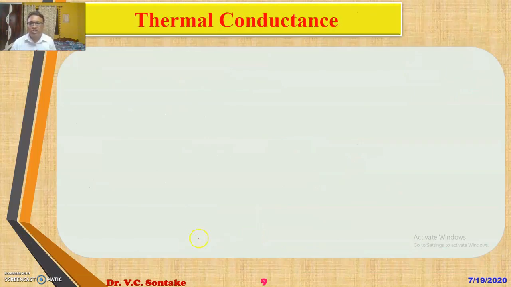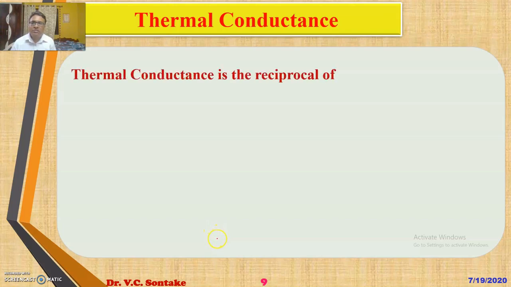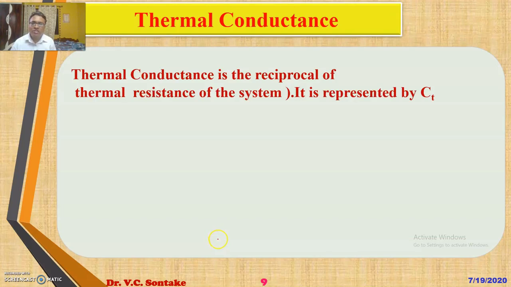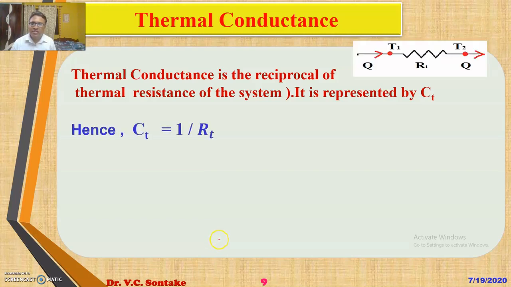Now let us define a new property called thermal conductance. Thermal conductance is the reciprocal of thermal resistance of the system. It is represented by C suffix T. So mathematically, thermal conductance is nothing but 1 upon thermal resistance.